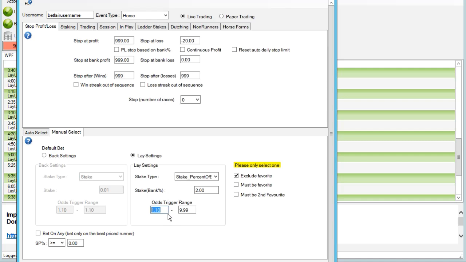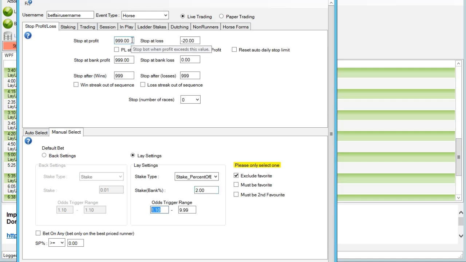If you wanted to, you could put the trigger range 3 to 9. I think in the system the difference is 4 selections or something like that, so you might catch 1 or 2, but it's not going to make a big difference.